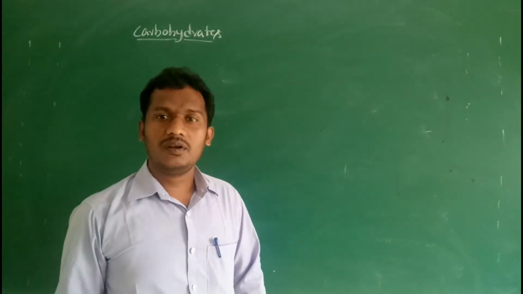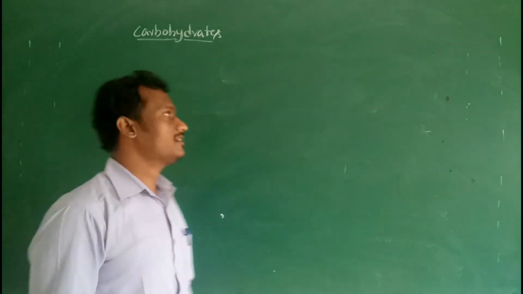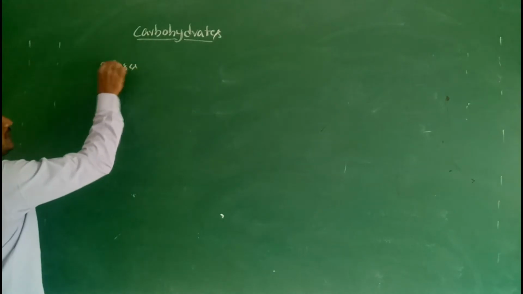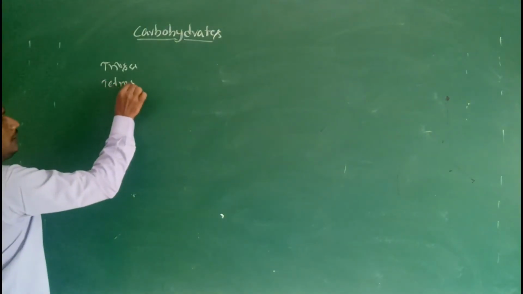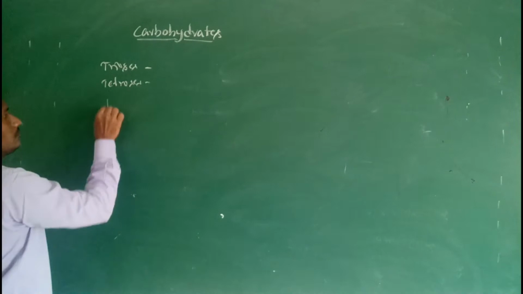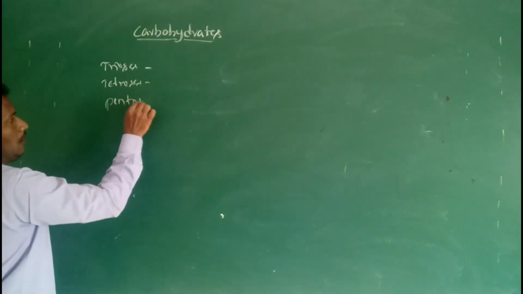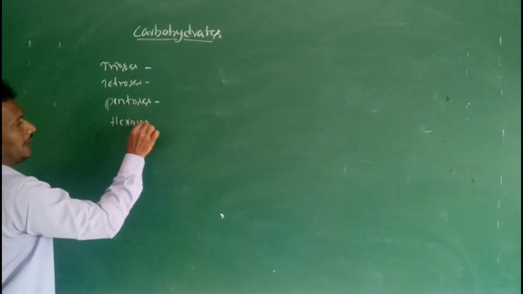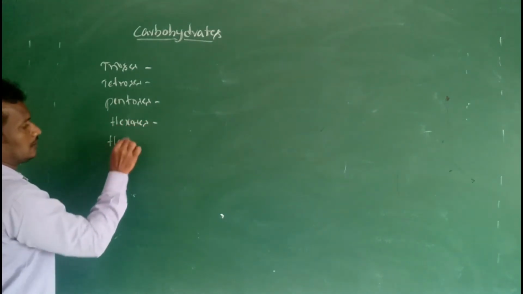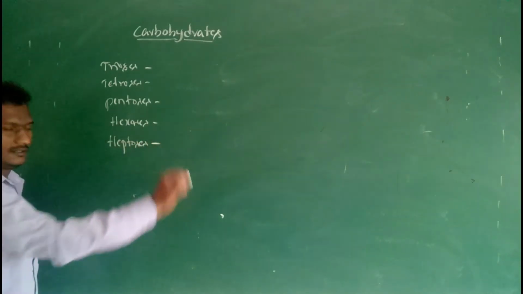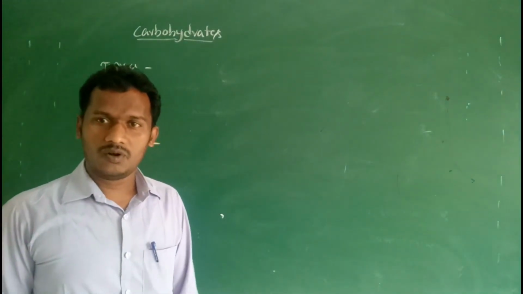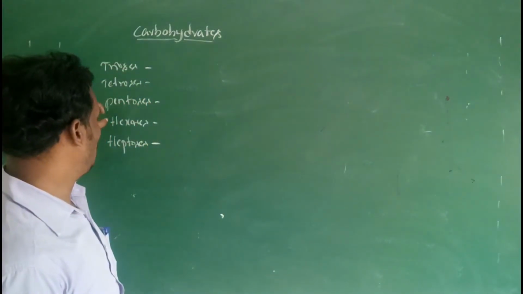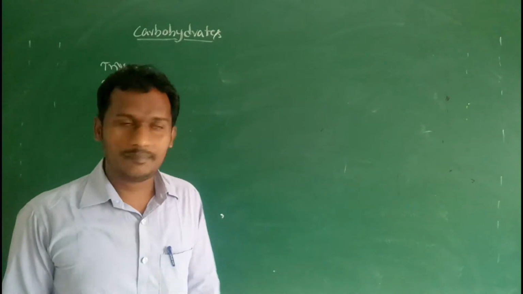on the number of carbon atoms, these monosaccharides are trioses, tetroses, pentoses, hexoses and heptoses.